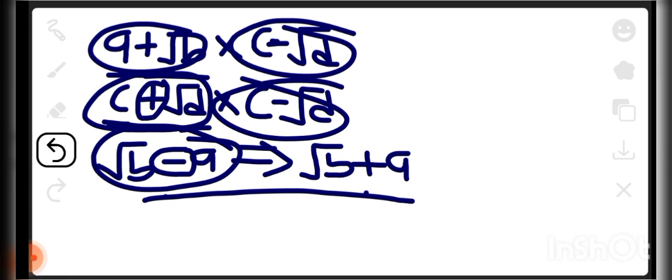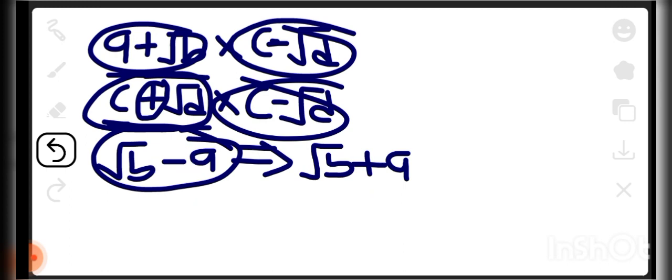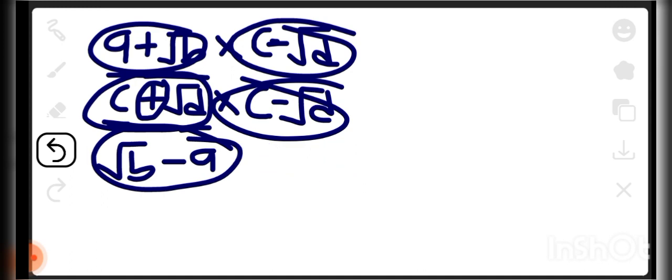But I will give you an advice: it will be lovely if, when you want to write the conjugate of something of this nature, you just rearrange by writing the real number first.